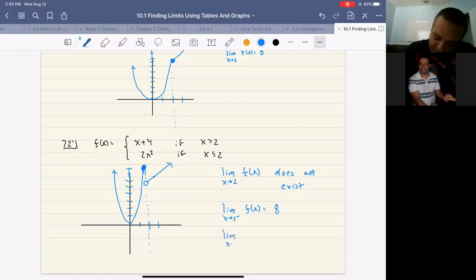From the right, it's going to equal 6. And f of 2, in this case, is defined by the left-hand side with the equal to. So it's going to equal 8.